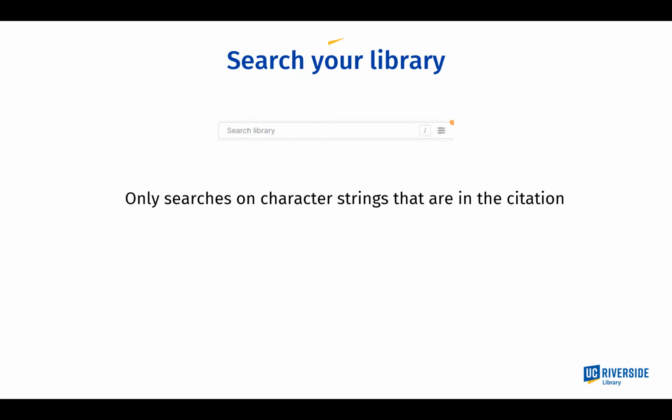Again, there's that advanced search icon off to the right, so you can use some advanced methods to search. But the one drawback that you see in some applications, but not others, is that this one only searches on the character strings that are in the citation, and I should have added, or in the PDF.